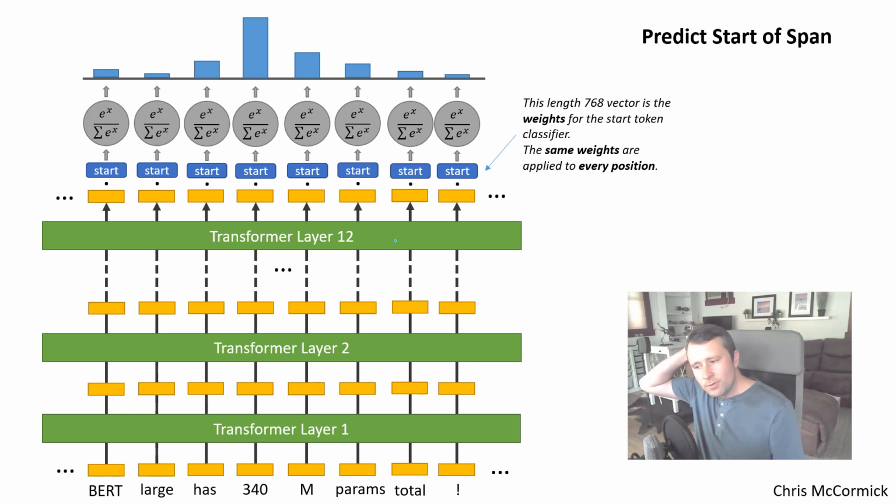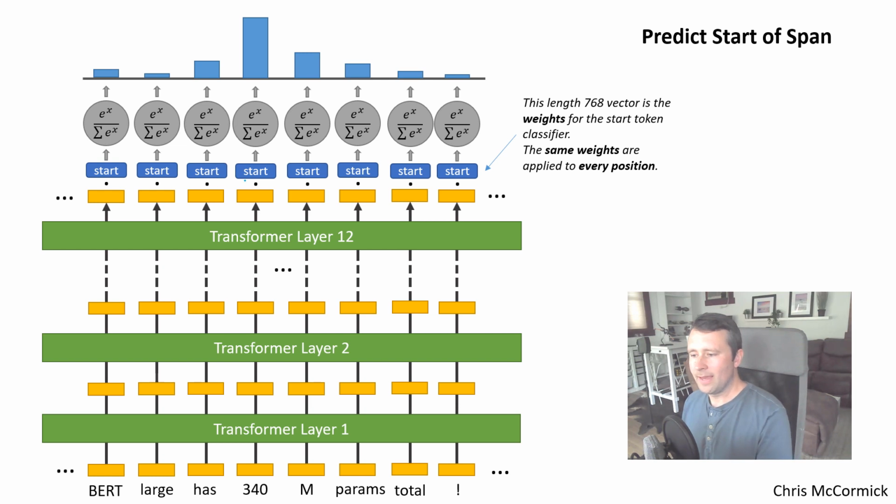So to actually do the classification, to actually highlight the answer, 340 million, what we have is basically a start token classifier. So let's say these are all the tokens from the reference text. I rephrased the answer here to make it fit better.